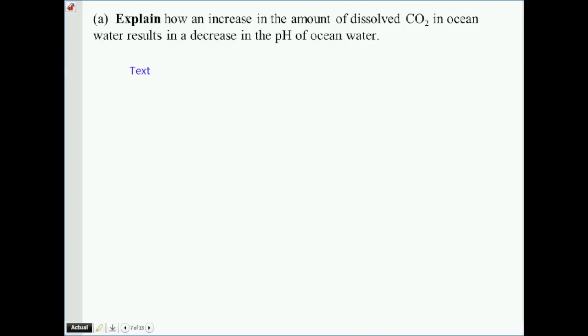So that's basically what causes the decrease in the pH, because CO2 is reacting with water and forming carbonic acid.